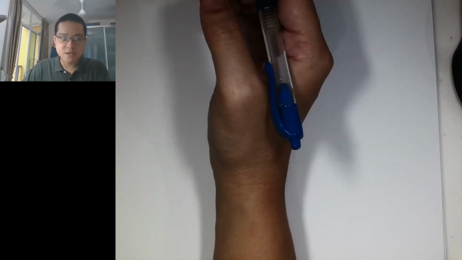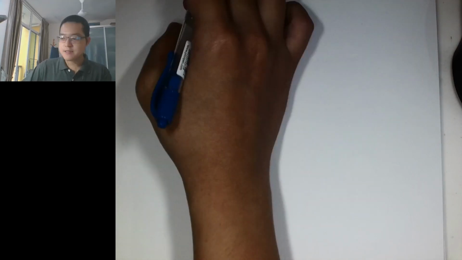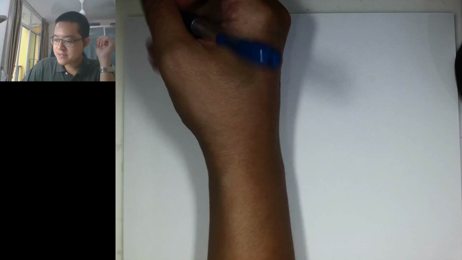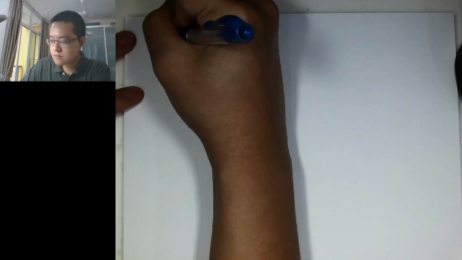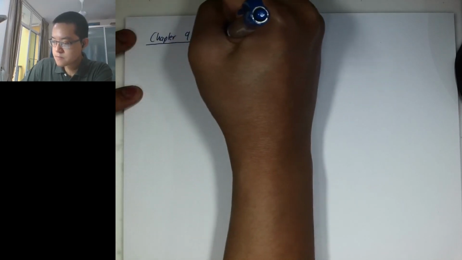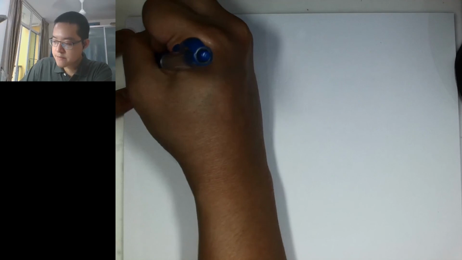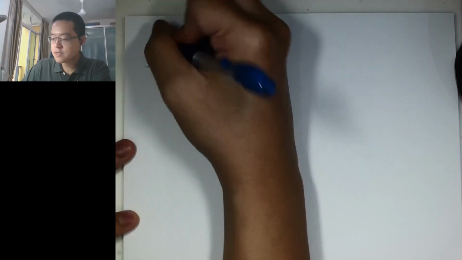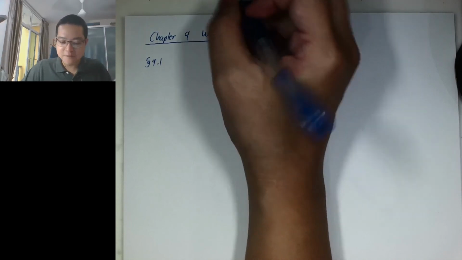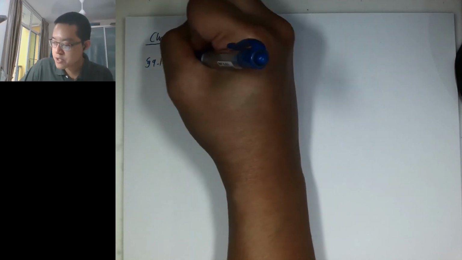But now we have to start the chapter first, chapter 9, Waves. Before we play with guitar, we need to do some math first. So we need to talk about the wave equation.